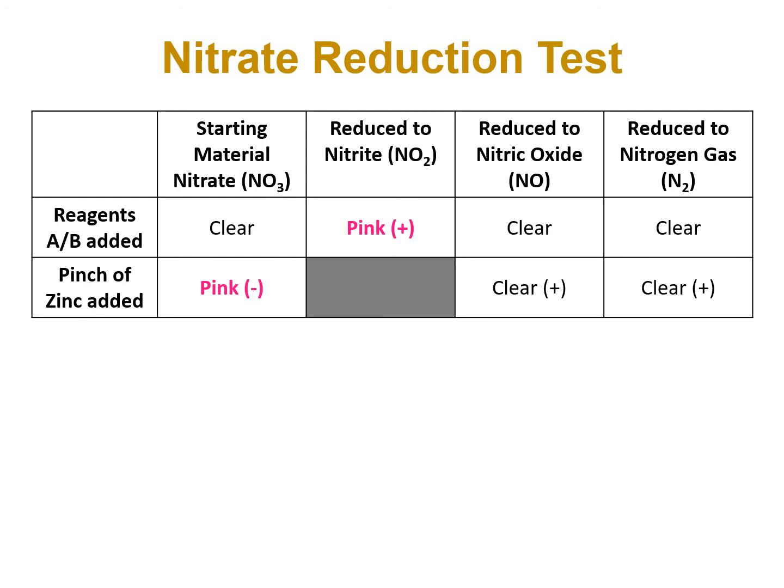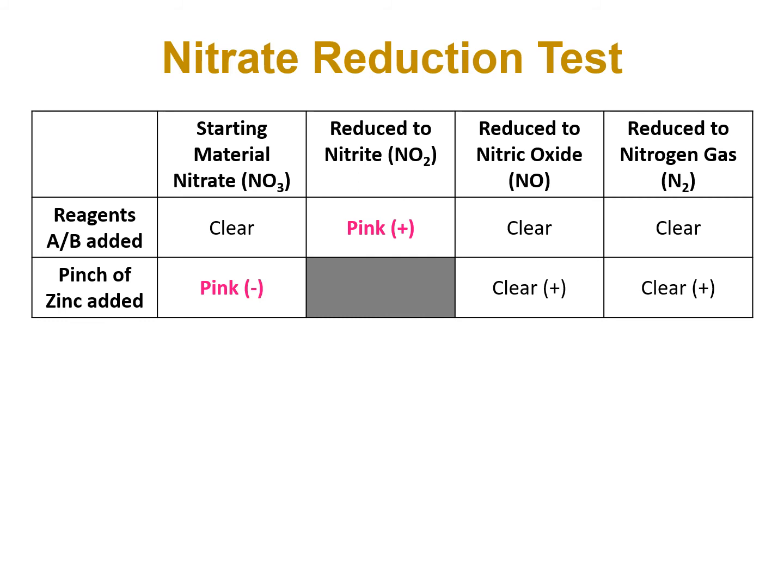So one more time, depending on when you see the pink color: if you see the pink color right after adding the first two reagents, that means that the bacteria was capable of reducing nitrate to nitrite, and so that would be positive. But if after adding the two reagents you get clear, you can't stop right here because you are still not sure.